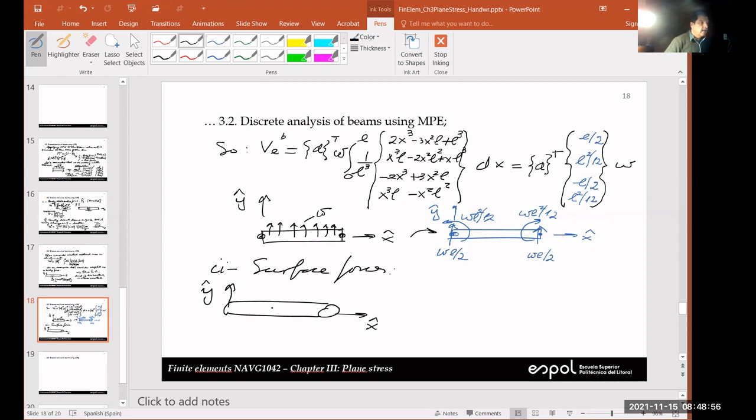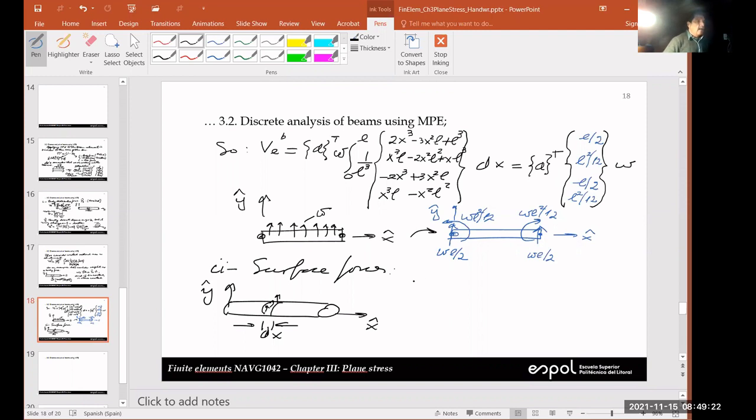And now we have forces on the surface acting in the y direction. So again, this is dx. Now the surface of this element is going to be dl, that's the length along this perimeter, times dx, which is this one.